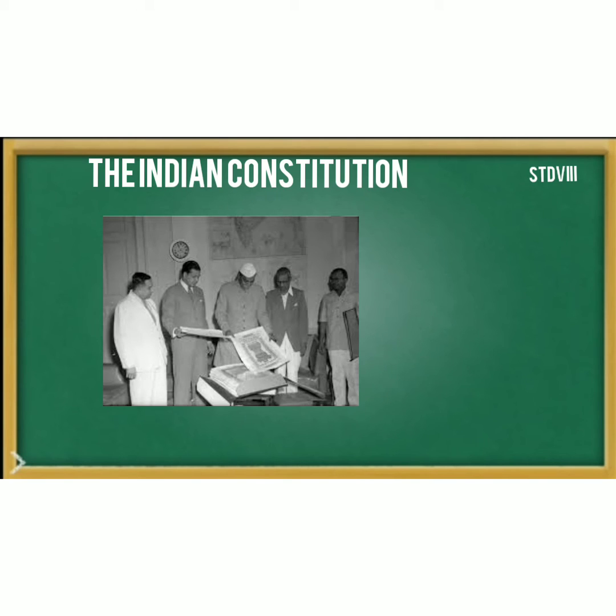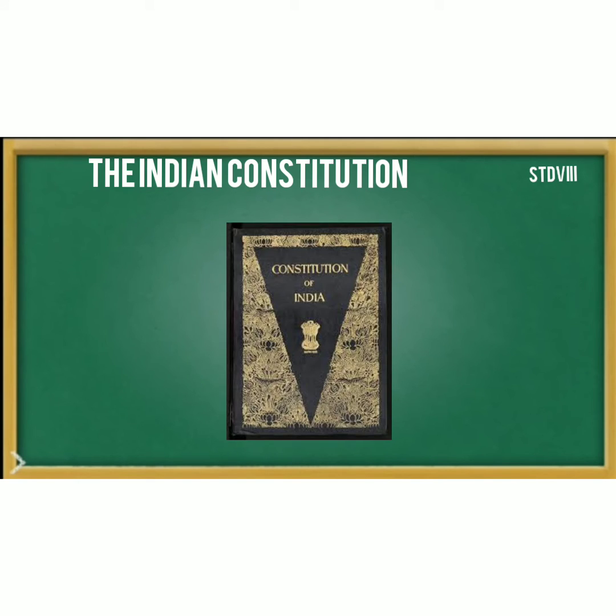So the first draft of the constitution was published in February 1948. For the next 8 months, the Constituent Assembly was discussing this draft. Then after several discussions and suggestions, a second draft of the constitution was made. By whom?